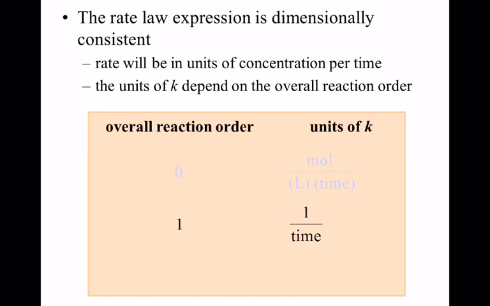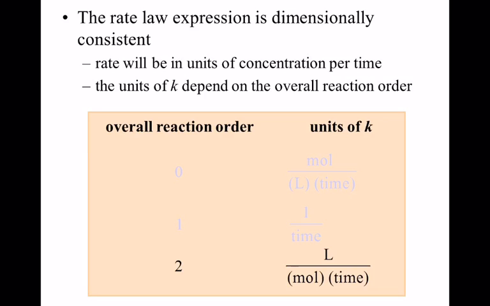If overall m plus n is equal to 2, then what you have done is basically introduced a moles per liter squared, molarity squared. So in that case, you need to get rid of one of your moles per liter, because you only want moles per liter per time.